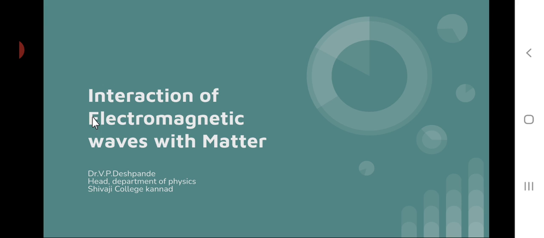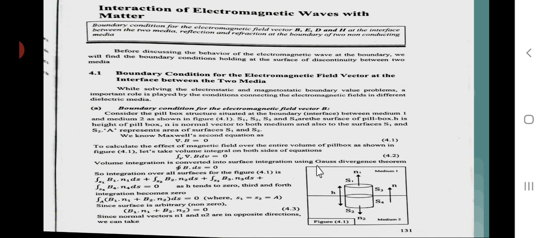Now this is interaction of electromagnetic waves with matter. Before discussing the behavior of electromagnetic waves at the boundary, we will find the boundary conditions holding at the surface of discontinuity between two media.